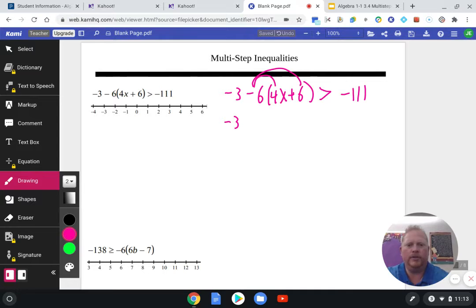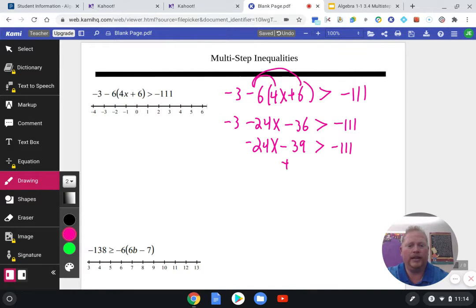So that -3 just comes on down. -24x minus 36 is greater than -111. Now, when I do that, I have some like terms that I can bring together. So -3 and -36, that makes a -39. And then it's just a normal two-step inequality like we know how to do.